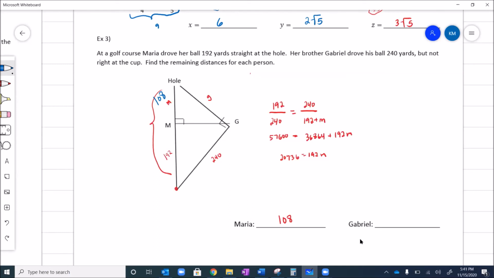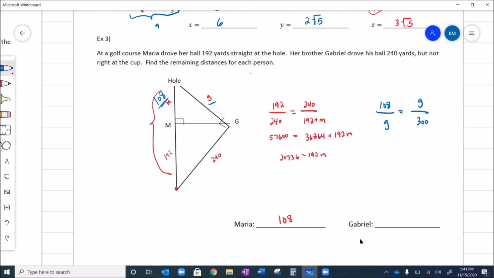Now I need to find Gabriel. And since I already know that this is 108, and I'm glad that that's a nice number, G should also be a geometric mean between the side it's closest to and the entire hypotenuse. Okay, and so G is the geometric mean between the side of the hypotenuse it's closest to and the entire hypotenuse, which comes to be 300.